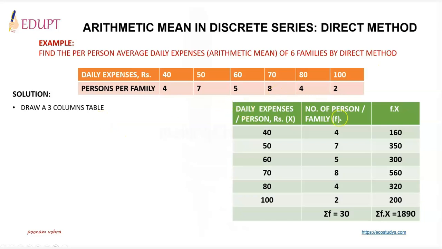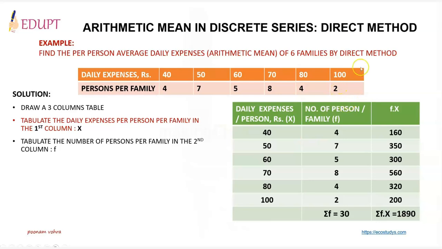Daily expenses, that is the values of the variable X, number of persons, the frequency, and Fx. You tabulate the daily expenses in the first column as given here, like 40, 50, 60, 70, 80, and 100. Then next is tabulate the number of persons per family in the second column, which is frequency. It is given as 4, 7, 5, 8, 4, 8, 2. So same is mentioned here.